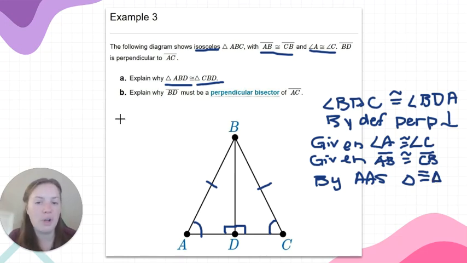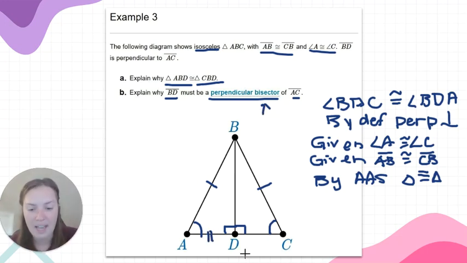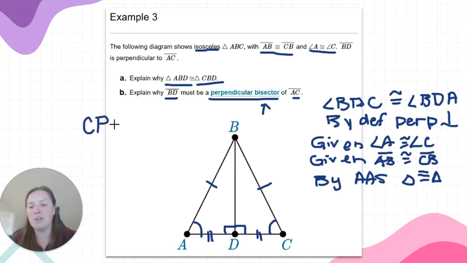We also want to explain why BD must be a perpendicular bisector of AC. Perpendicular bisector meaning not only are they perpendicular, so we have two 90-degree angles, but bisector meaning it cuts it directly in half. So we have to say why AD has to be congruent to CD. Remember that really long acronym? Corresponding parts of congruent triangles are congruent, CPCTC.